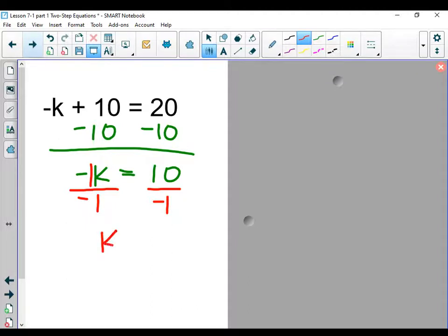So I'm going to divide by negative 1 to get negative 10. When you check that, you're taking out the k and putting a negative 10, but there was still a negative 10 in the front.